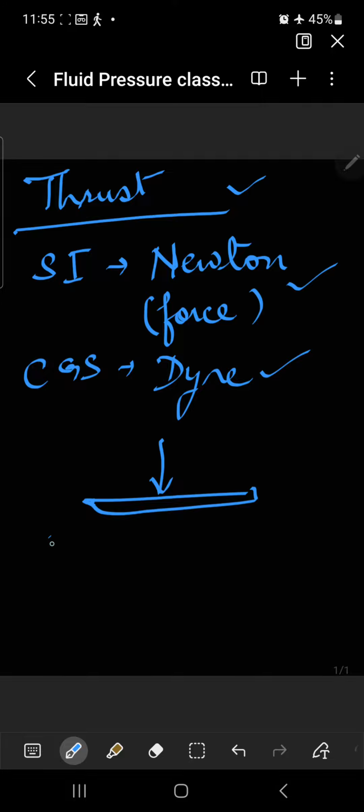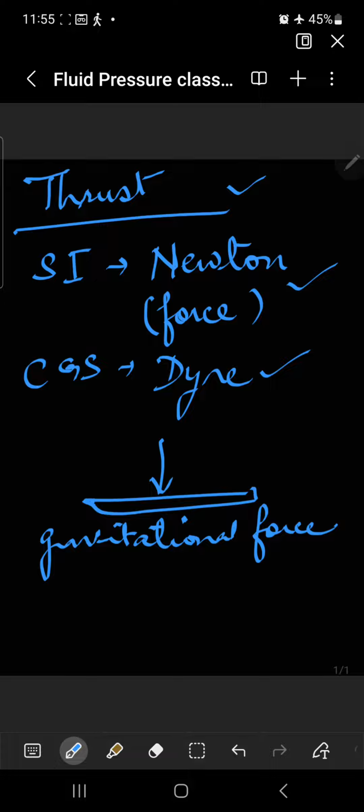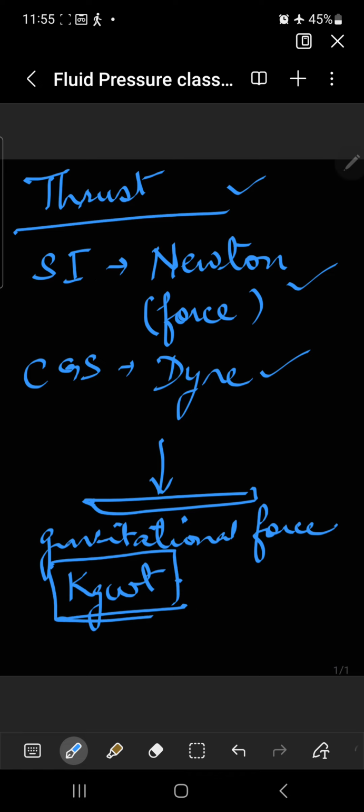The unit of thrust in terms of gravitational force is also written as kilogram weight or kgf, kilogram force. We also write the unit of thrust in terms of kilogram weight and kilogram force.